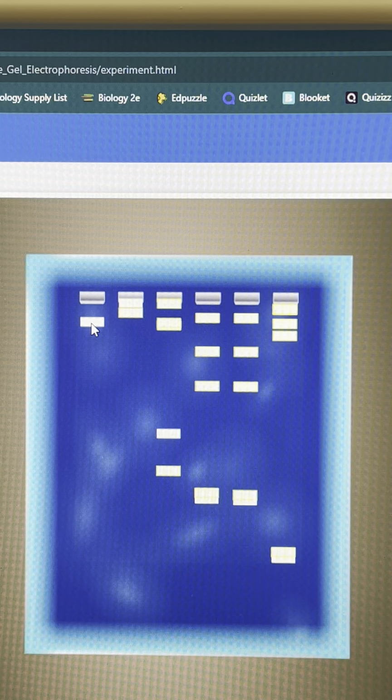It says, which direction did the DNA fragment move? Well, it moved downwards or towards the positive. Why does DNA move this direction during an electrical current? It is because DNA is negative, so it always is going to move to the positive pole.